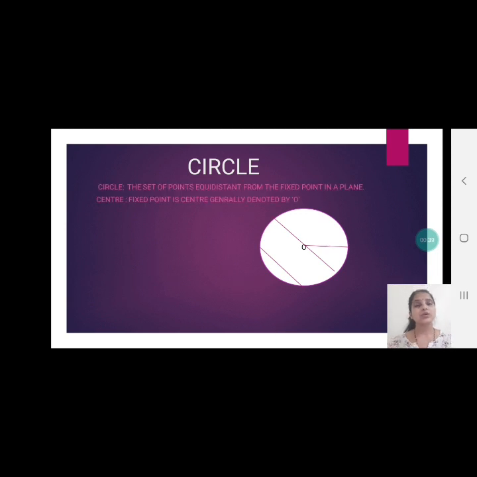So, what is circle? Circle is a set of points which are equidistant from the fixed point. Such set of points are known as circle.